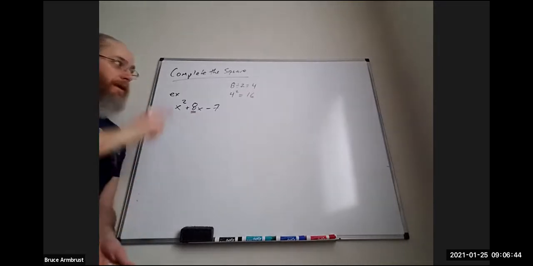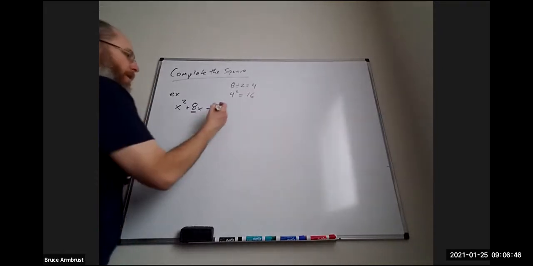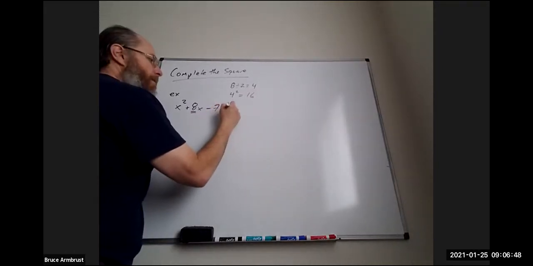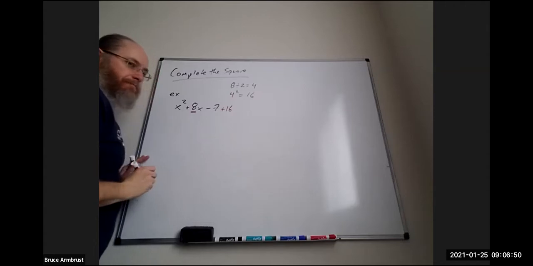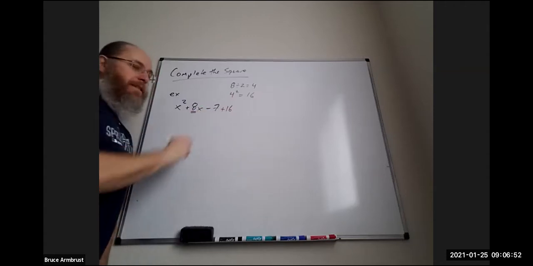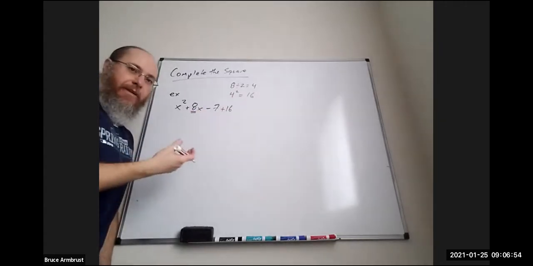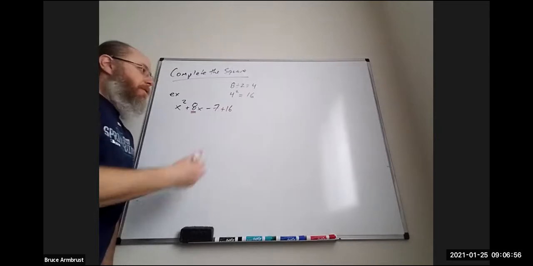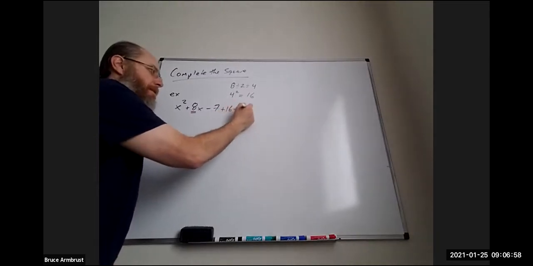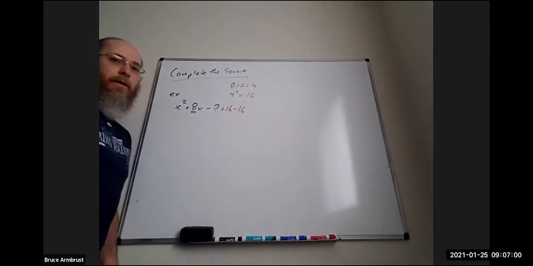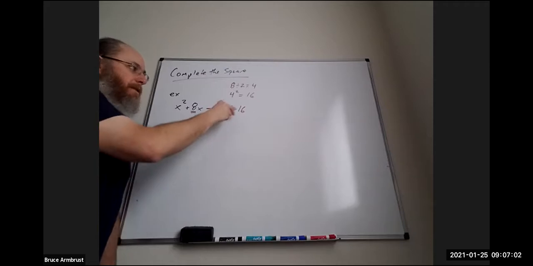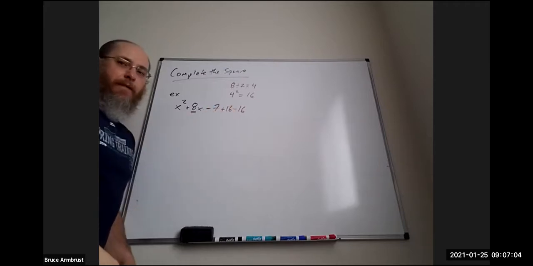Now, that number right there, 16, we're going to add that in. But if I just add 16, I've changed this. So I'm going to subtract 16 at the same time. All right, so I've got my plus 16 minus 16.